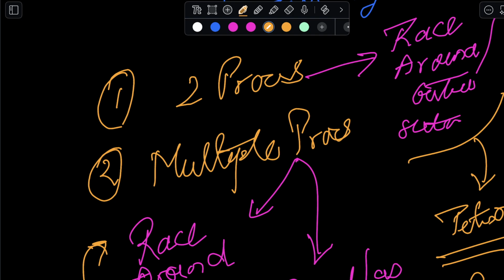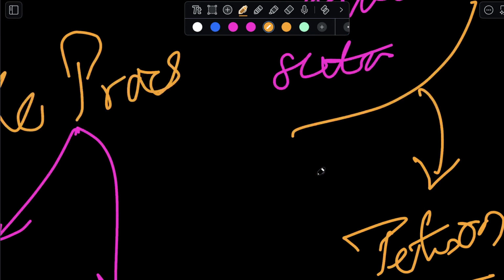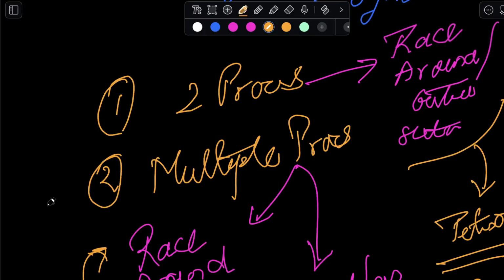So whenever you are trying to solve the race around condition or critical section, there are three things that you will be looking at specifically.